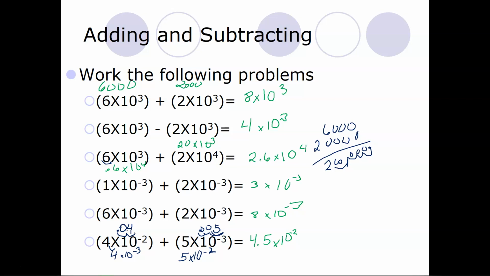So that's why I say write it out, because let's say I decide I want to look at the equation as 0.040 plus 0.005. I can look at it that way, because that would be the 4 times 10 to the negative 3.